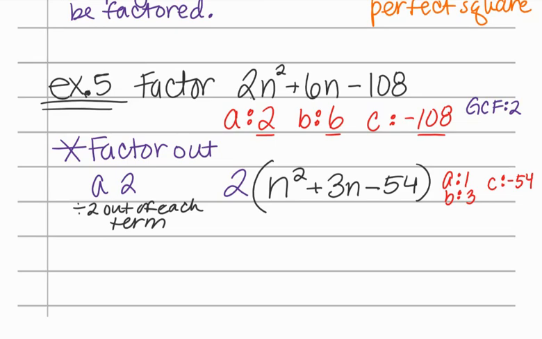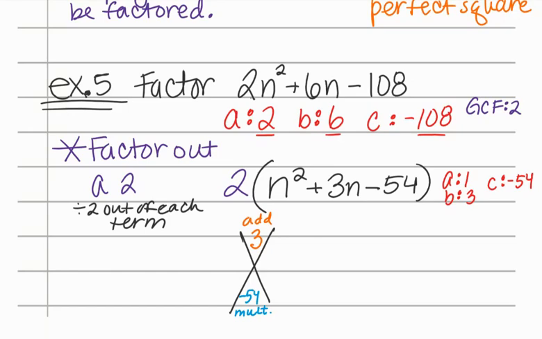And I've got to create my puzzle. Remembering that I want my B up top and A times C on the bottom, right? 1 times negative 54. And it's going to multiply to make the negative 54. And my two numbers are going to add to become 3.